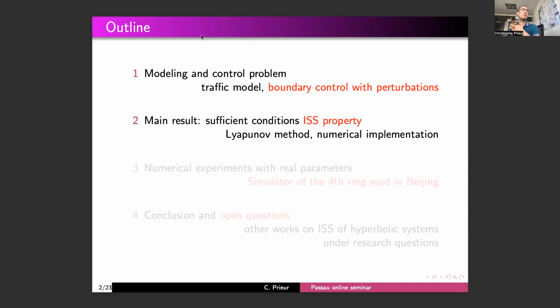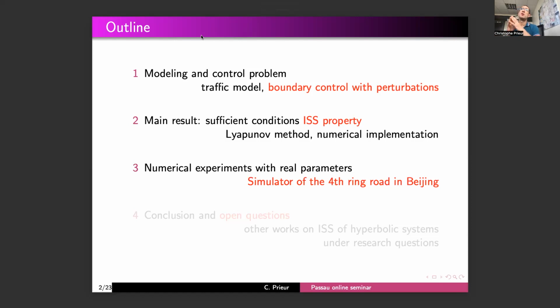And this is why I would like to deal with the main result of this talk, which is a statement with a sufficient condition on the input to state property. And for that, I will use the Lyapunov method, and I will show you how to implement this sufficient condition numerically. Then I will deal with numerical experiments with real parameters.